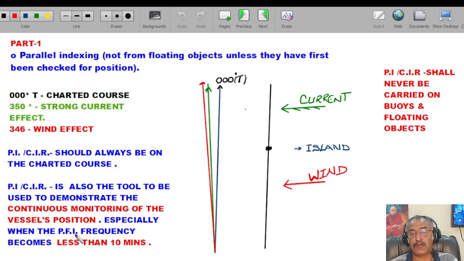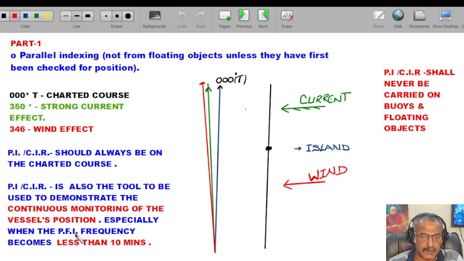So make no mistake on this aspect. PI or CIR, the cross index ranges, is a tool to complement the position fixing interval in case it comes very small. We will see in the next slide. I've explained this at length.